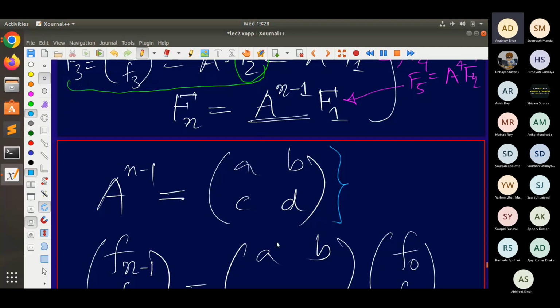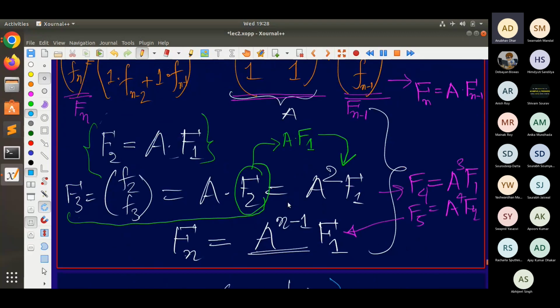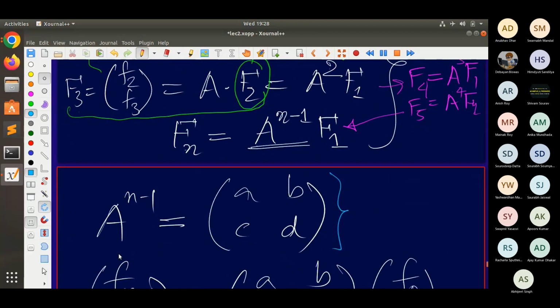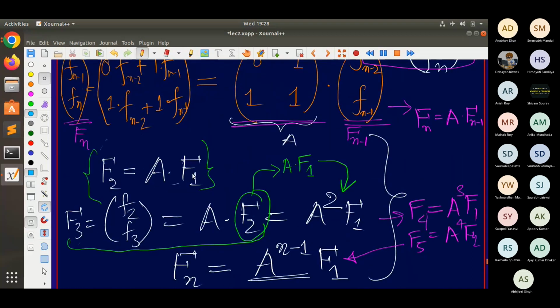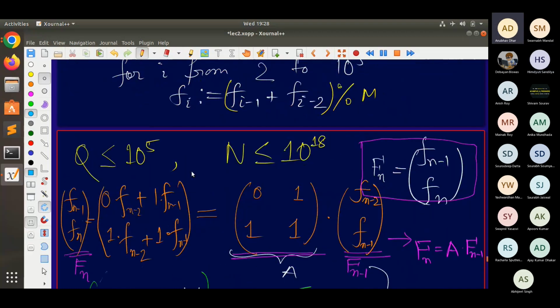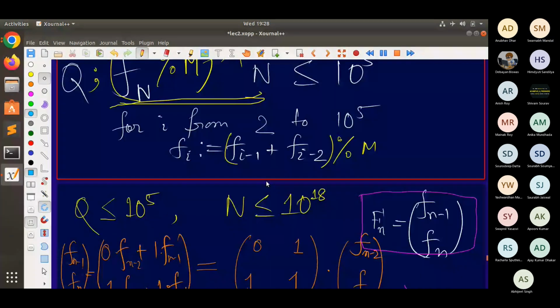So when you are raising this particular matrix to the power n minus 1, you get some A, B, C, D, or 2 cross 2 matrix, right? So this matrix you can get in order log n. Is that correct? You use this fast exponentiation. Yes. Okay.